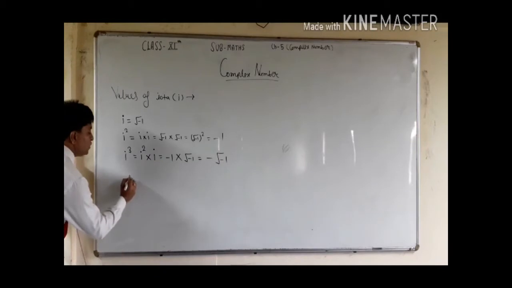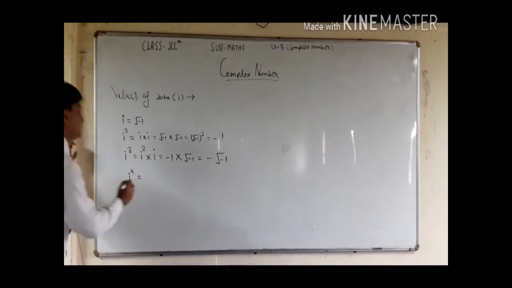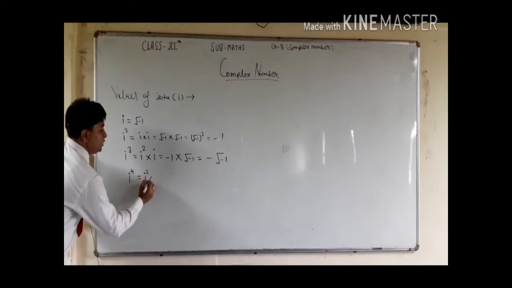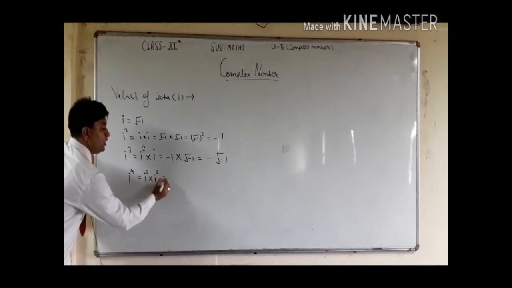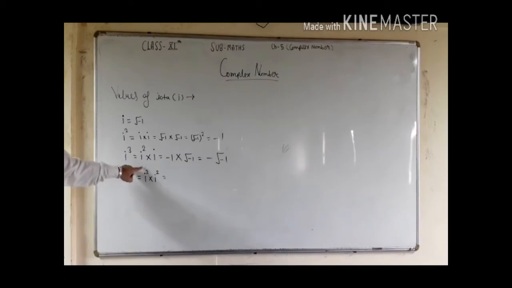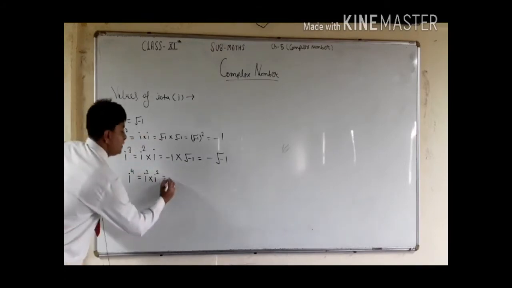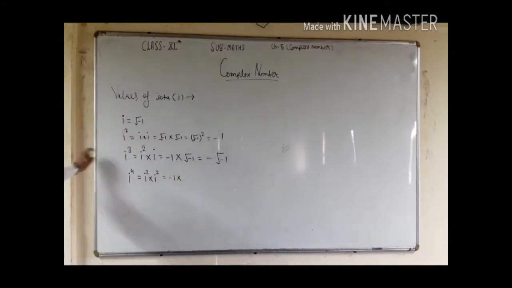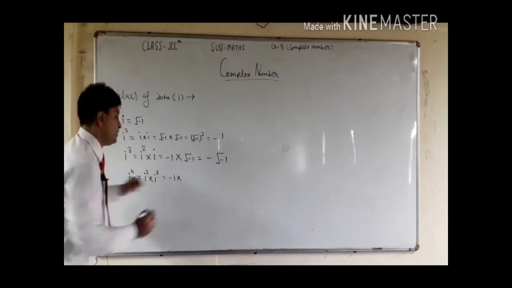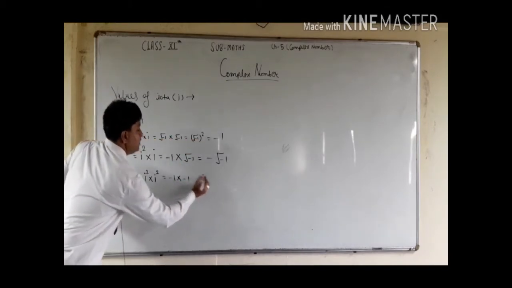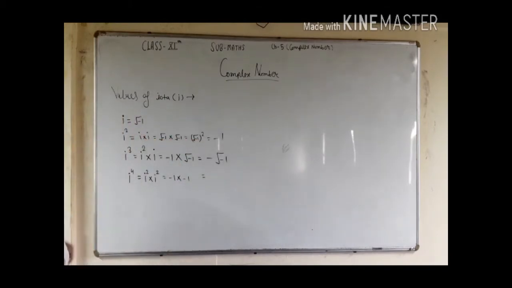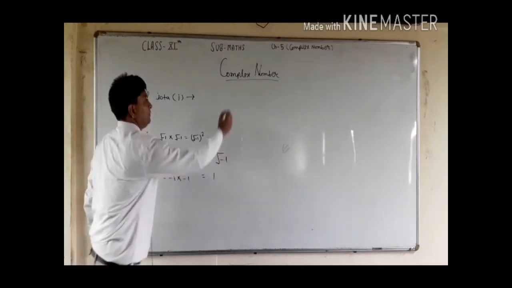Again, iota raised to 4 is iota square into iota square. We know that iota square is minus 1 and iota square is also minus 1. So we find iota power 4 is equal to 1.